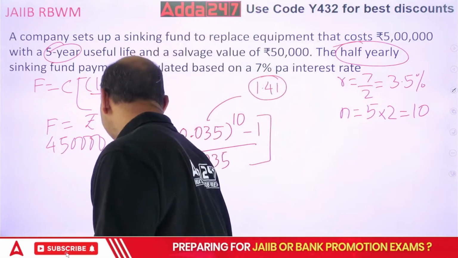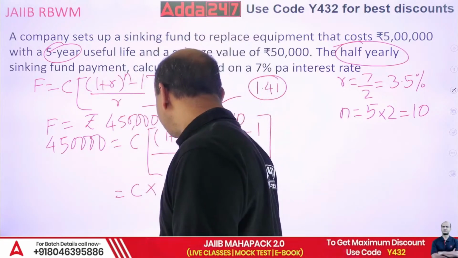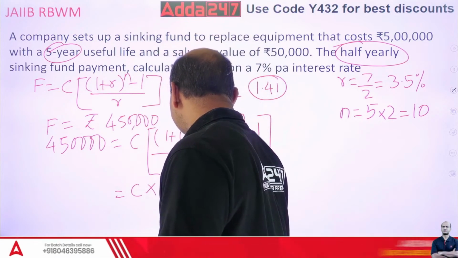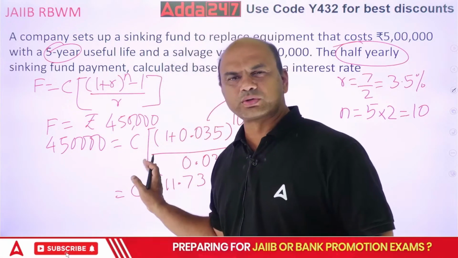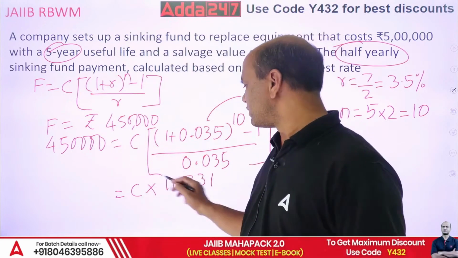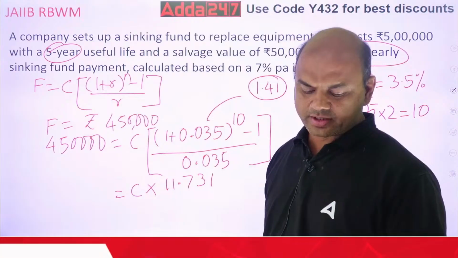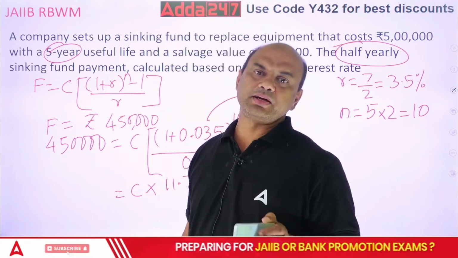So that is equal to C into, I am getting 11.731. Let's take 3 digits. You can take two digits also, nothing matters. So C into 11.731. Are you getting this, everyone? Everyone must get the same answer.